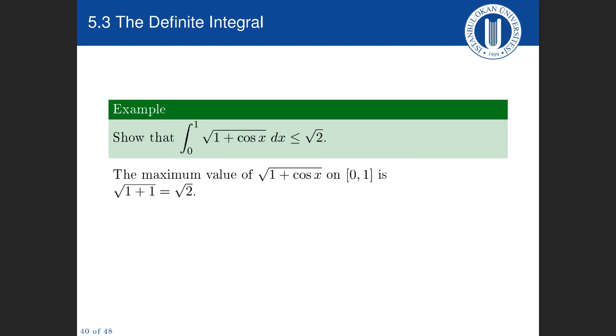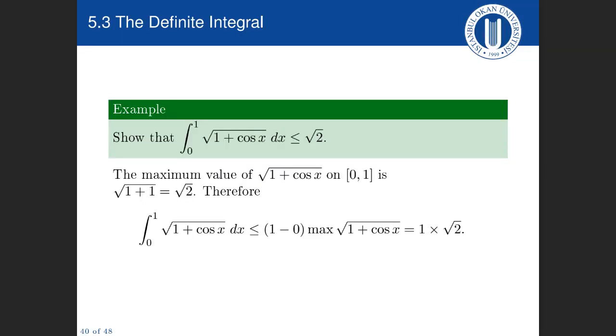The biggest possible value of cos x is 1. So the biggest possible value of the square root of 1 plus cos x is square root of 2. Therefore, our integral must be less than the width of our interval, 1 minus 0, multiplied by the maximum of the integrand, or 1 multiplied by root 2. And that's it. That's the answer to this question.